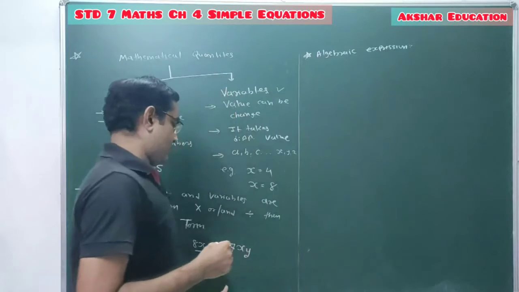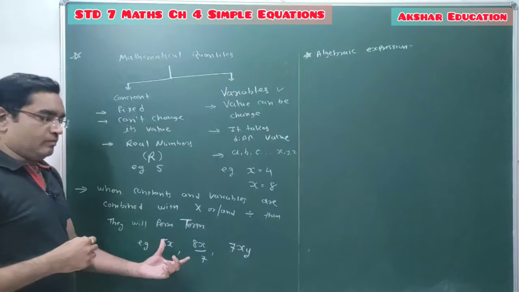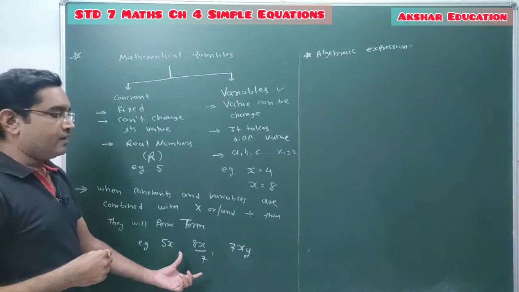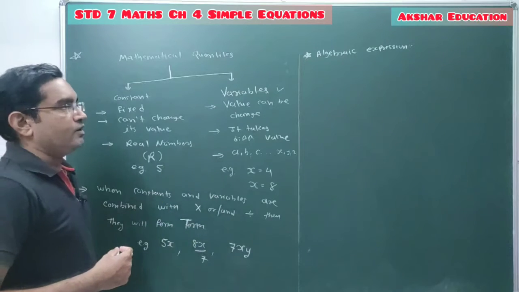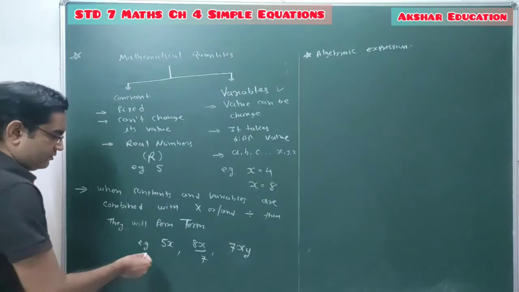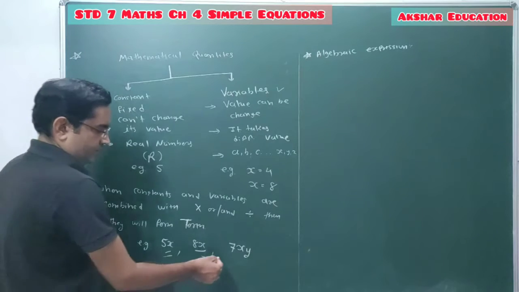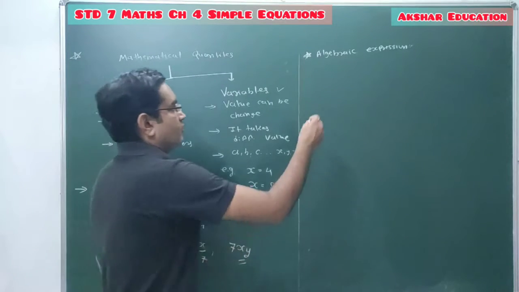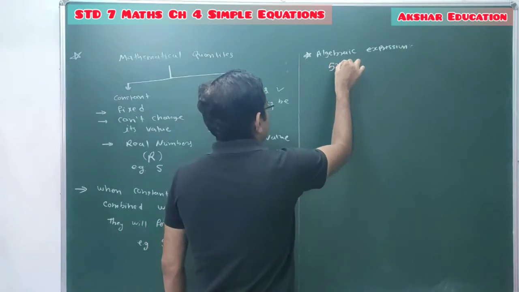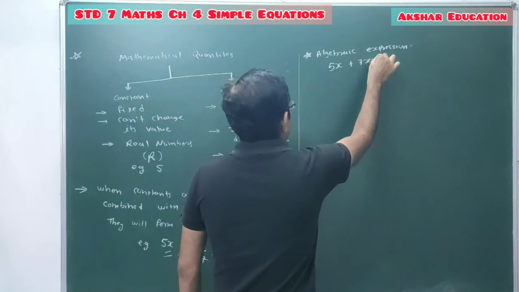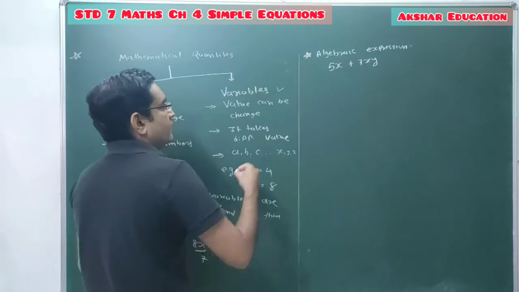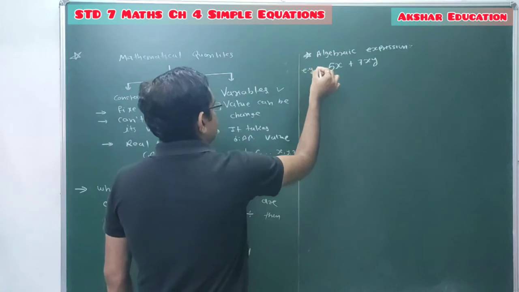When these terms are combined with a plus sign or minus sign, with addition or subtraction, we can form an algebraic expression. Consider the term pi x and another term 7xy. If I take the addition of this pi x and 7xy, this is basically one algebraic expression.